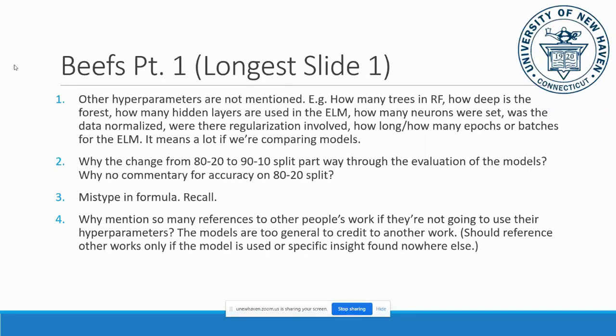Okay, so now this is where I come in. I'm done with the actual paper, but these are some of the commentaries I made about the paper as I went along. Some things that bothered me: one, they did not mention a lot of hyperparameters besides the kernel. They didn't tell us how many trees were in the random forest, or how deep the forest was, or how many layers were used in the neural net, or how many neurons were set to each hidden layer.